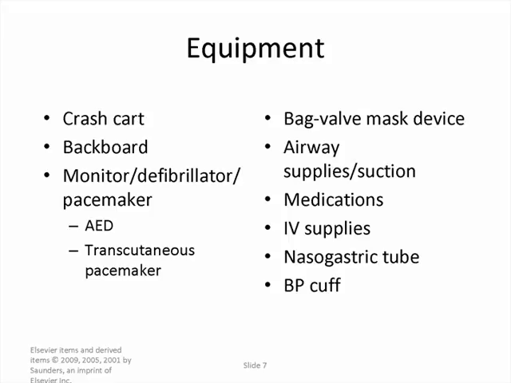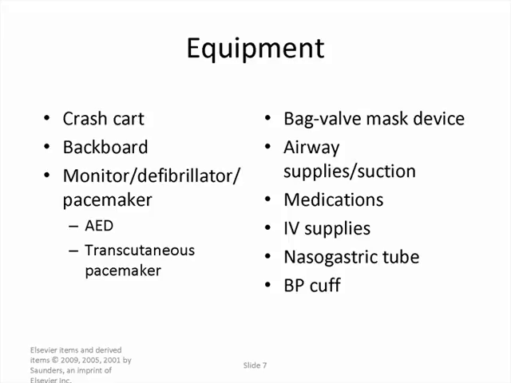You need to have a bag valve mask device or an AMBU device. You need to have other airway supplies, which are Yankauers, sterile suction tubing, or a kit. You need to have multiple sizes of airways, oral, nasal airways. How about an endotracheal airway? Multiple sizes there because those are size dependent for the patient.